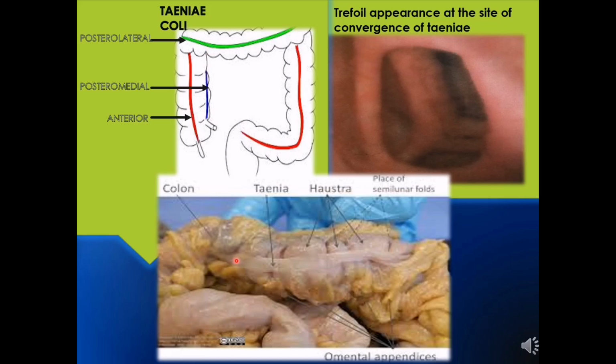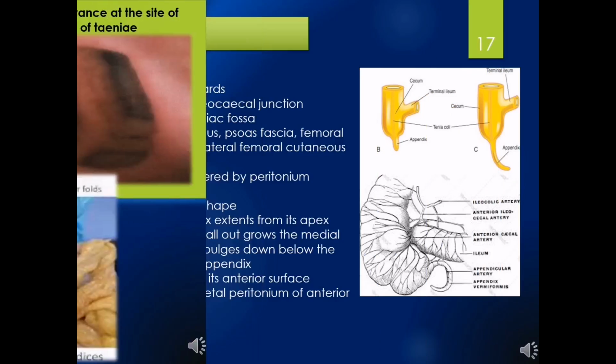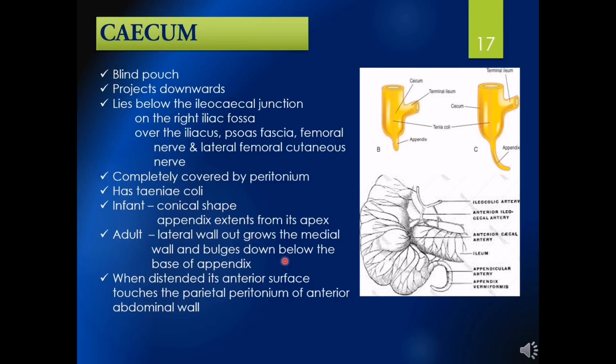This picture shows the real taenia in a human cadaver. And this is a picture of convergence of taenia at the root of appendix. This gives a trefoil appearance. Here you can see the conical shaped infant cecum.